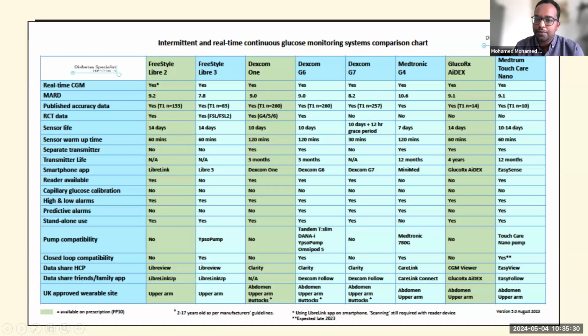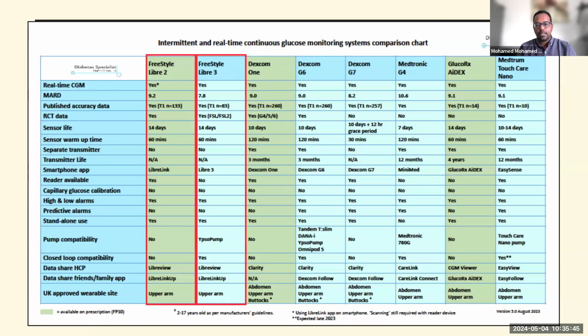So this table shows you the wide range of sensors that are available out there. But let's just be focused because there's too much to cover. So the 4 ones that probably you've come across are the Libre 2, Libre 3, Dexcom G6, and Dexcom G7. And they're all funded within the NHS, and they're all within the diabetes service for children.